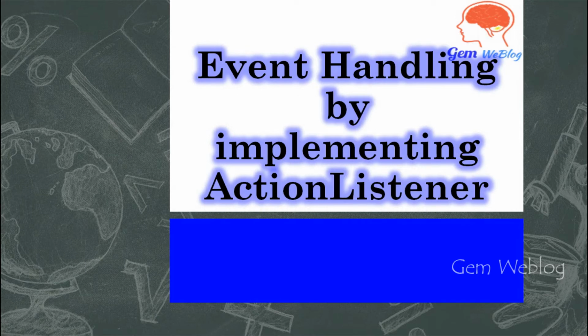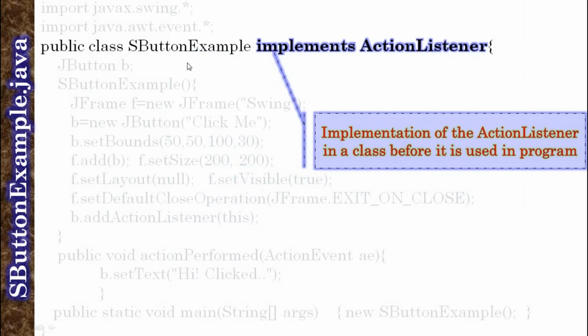Now we will look into the procedure to handle the event by implementing the listener interface. What changes you have to make to the previous program: you have to implement the corresponding listener interface in the class.